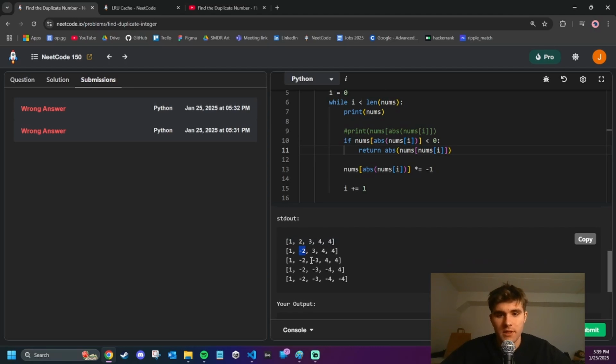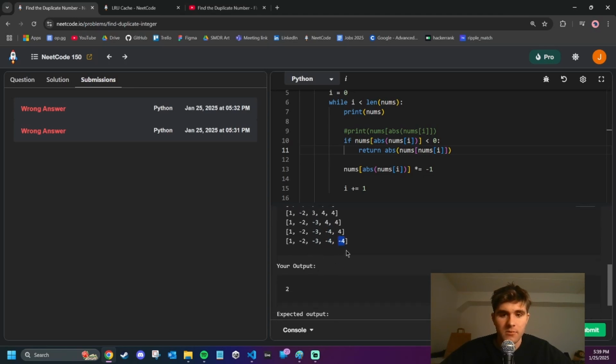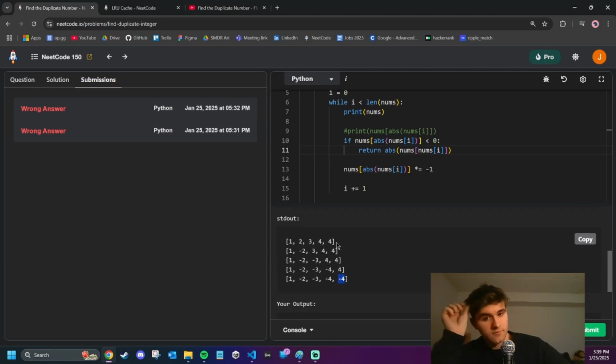This becomes negative, this becomes negative, this becomes negative, and this one makes this one negative. And then it should make itself negative again. Oh man, this is rough. Okay. So is this part correct?